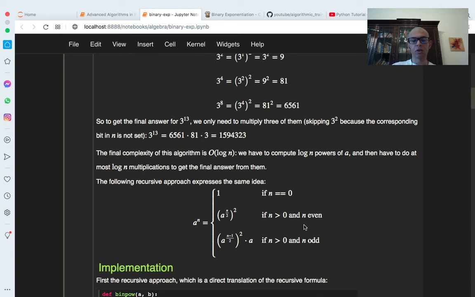If n is greater than 0 and n is even, then a power n would equal a power n by 2, the whole power of 2. So here we can see that this is actually a power of n, because if we do a power n by 2 times a power n by 2, it would be just a power of n.